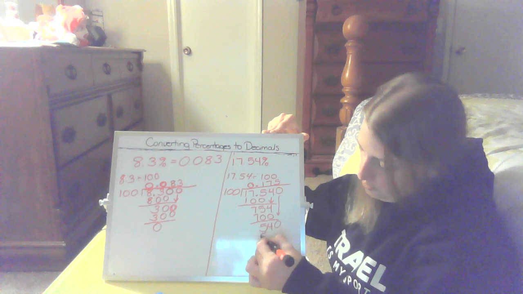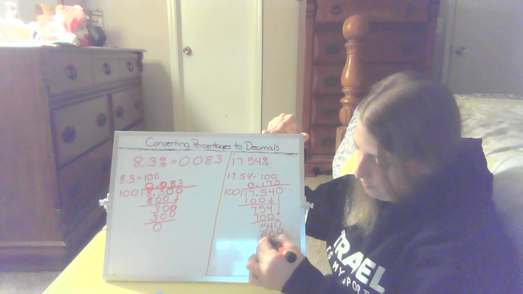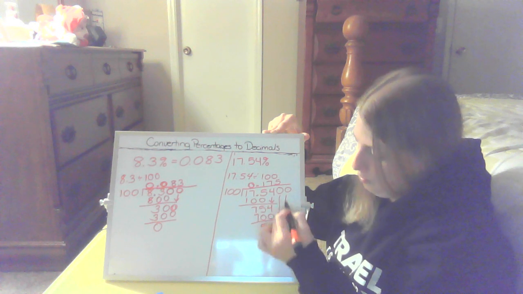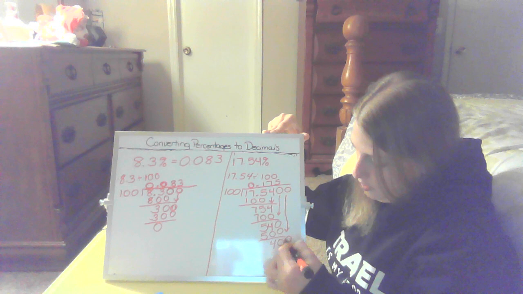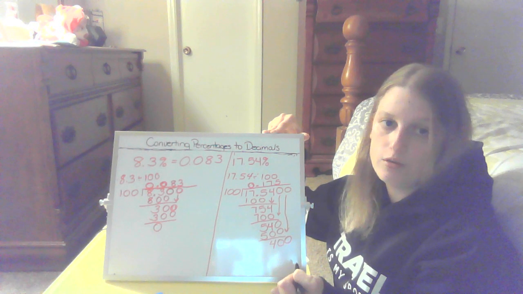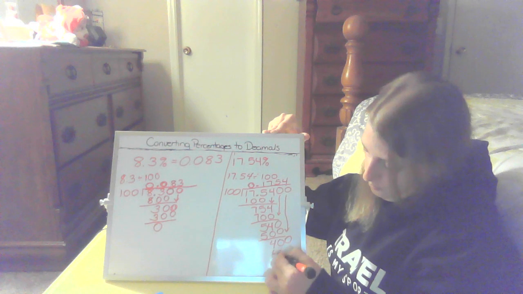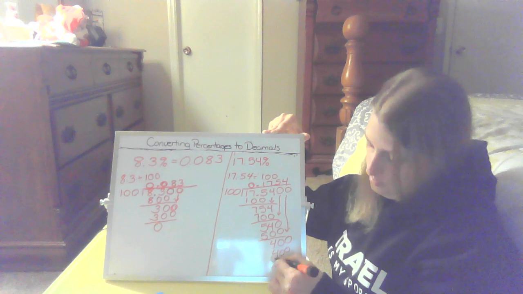And that's going to give us 500. 540 minus 500 is 40. We're going to make another 0 and bring it all the way down as well. And we know that 100 can go into 400 4 times, so we'll put a 4 right there. And that gives us 400. And 400 minus 400 is 0.